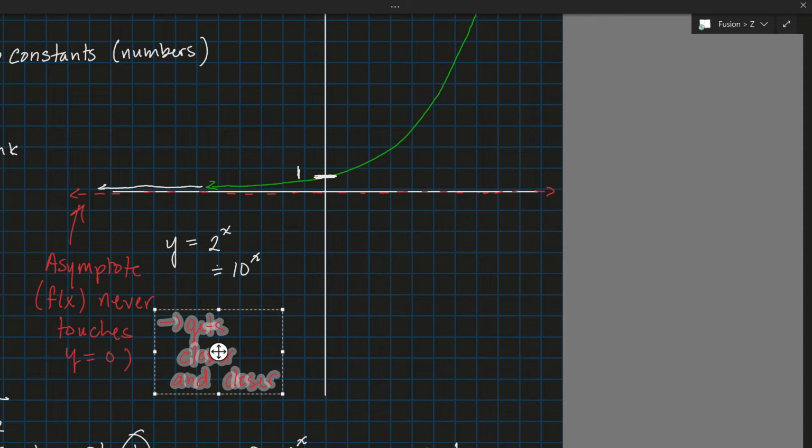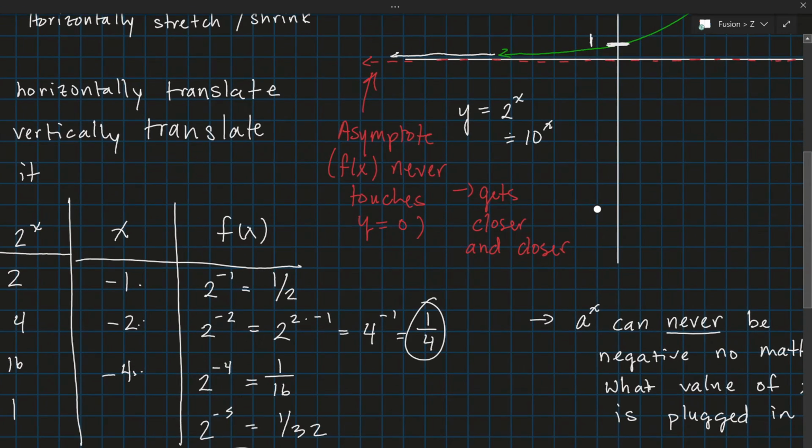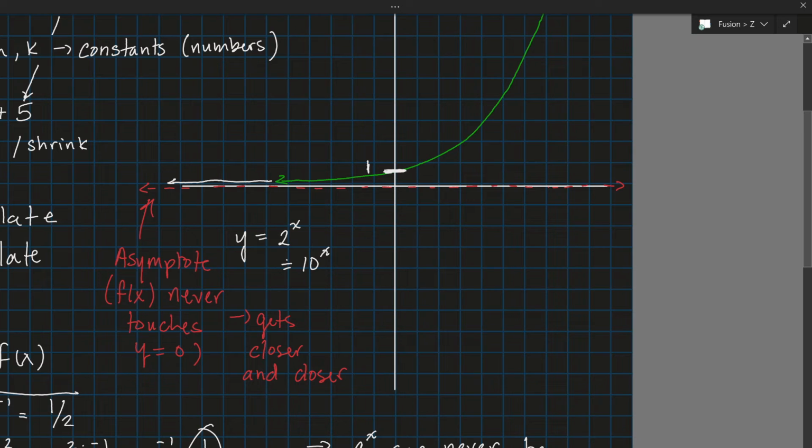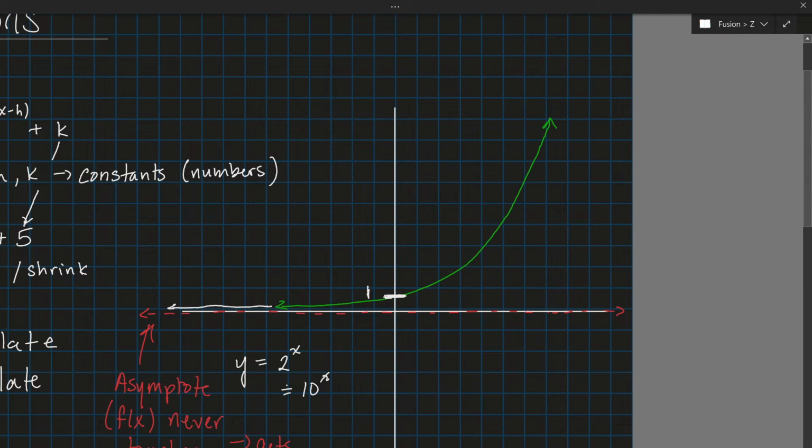Remember, because we plotted out these points here, and we saw that as x gets more largely negative, the fraction gets smaller and smaller because of the way that the negative exponents behave. But it never actually touches 0. It's an asymptote. And then on the positive side, it just keeps going up.